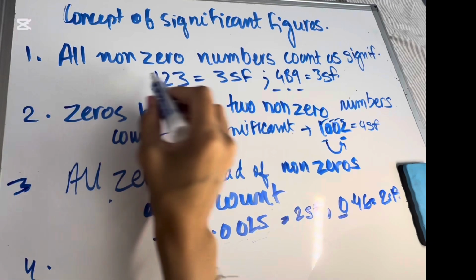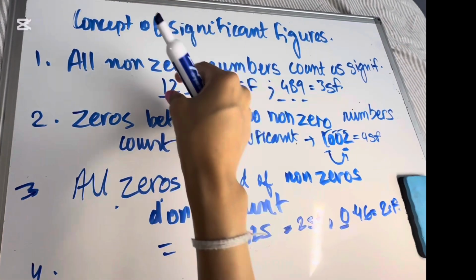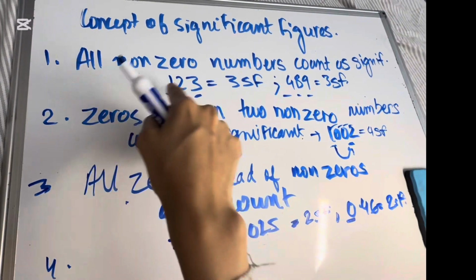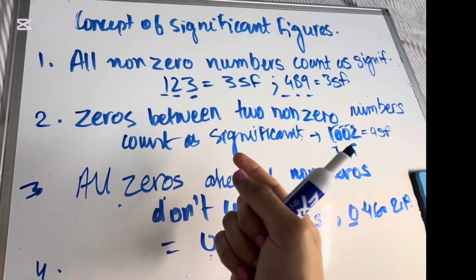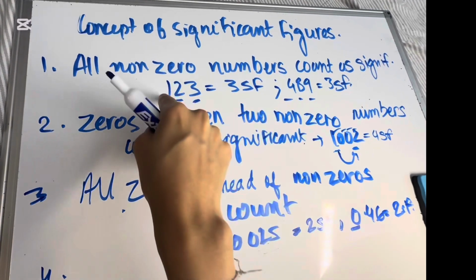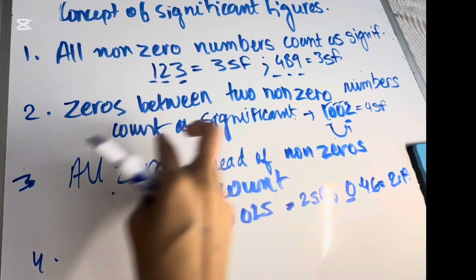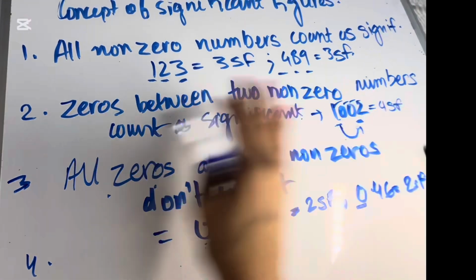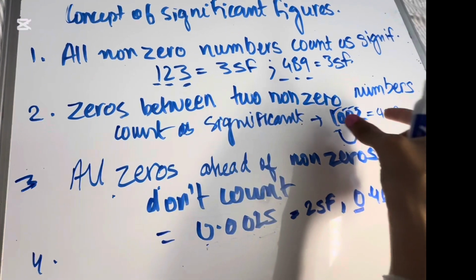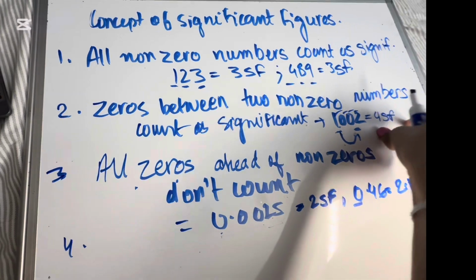For example, for all non-zero numbers, even if you don't remember the rule, just remember what we studied: how many sig figs does 1, 2, 3 have? If a question comes in front of us, we know it has only 3 sig figs. If the rule says zeros between two non-zero numbers count as significant figures, that means if we have 1002, there is no decimal, so everything that comes in between two non-zero numbers will count as significant figures.